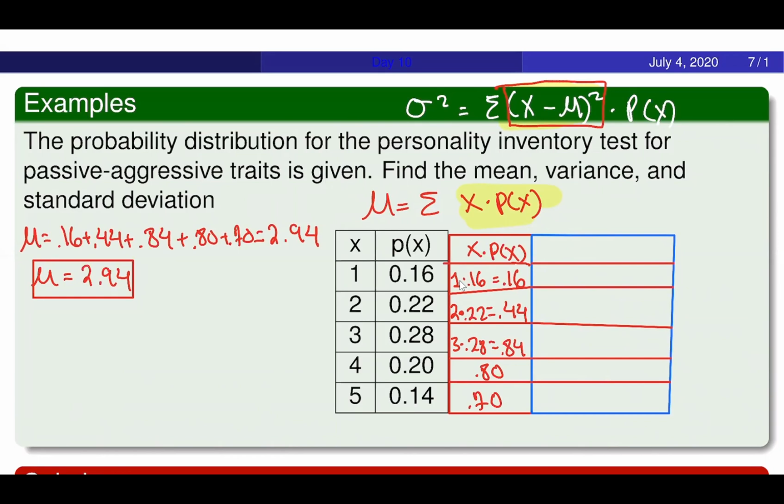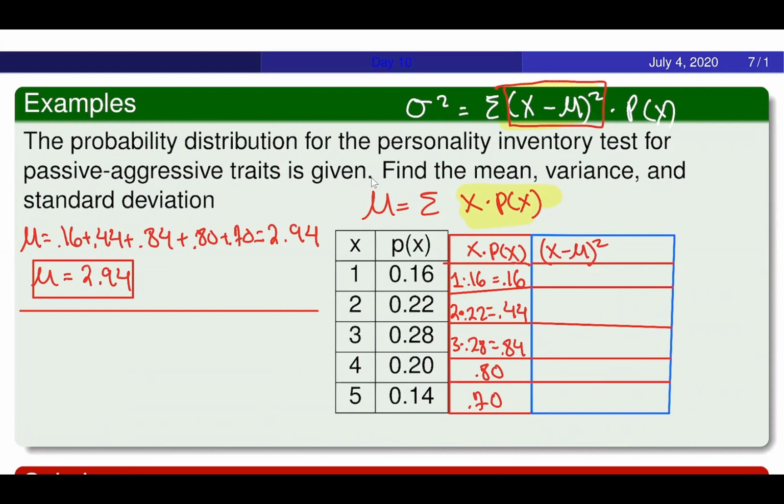So we get x minus mu, and we square it. I'm not going to have enough space to write it there, but we do it over here. I already know mu. So mu is equal to 2.94.